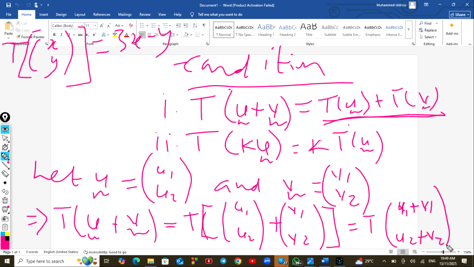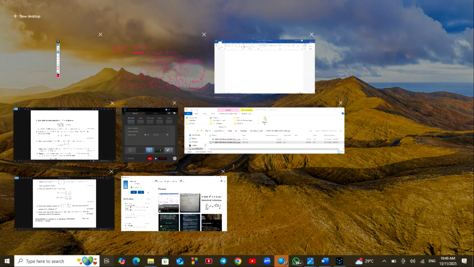Now this is our x, and this is our y. We know that the transformation of (x, y) is 3x minus y, so let's perform that operation.